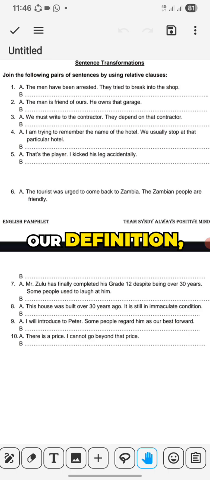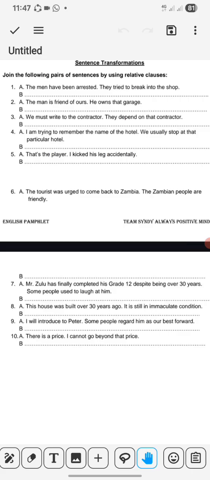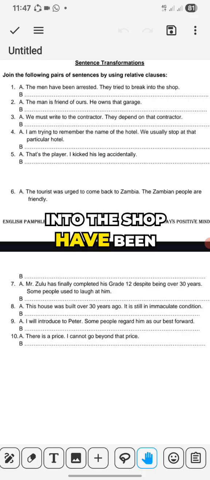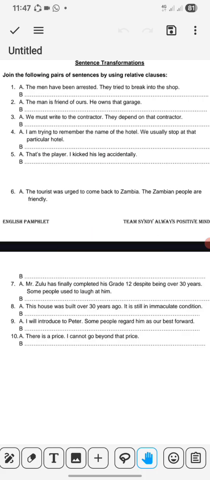So if we were to join it, it will be, the men who tried to break into the shop have been arrested. The men who tried to break into the shop have been arrested. So let me try to write it there.